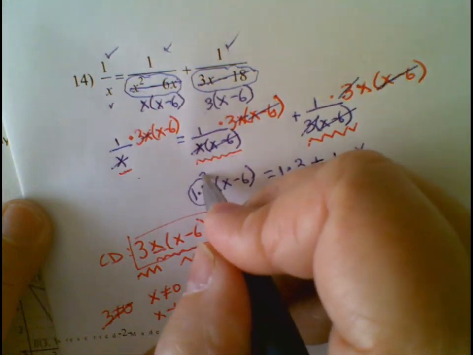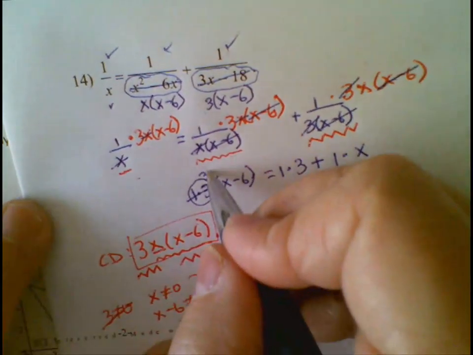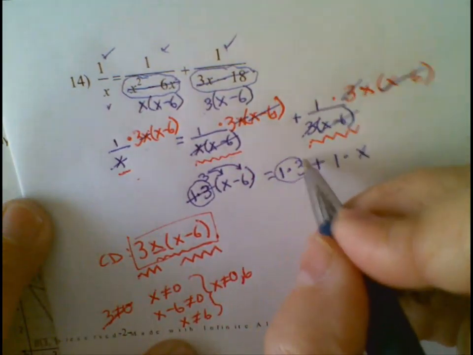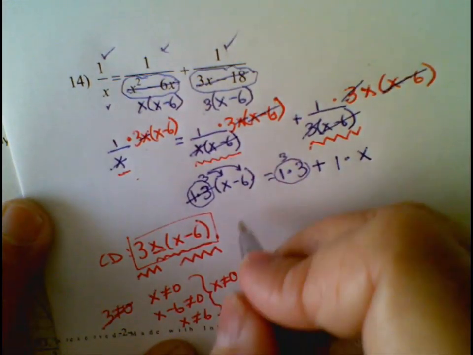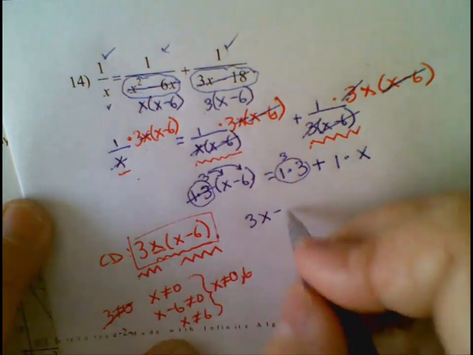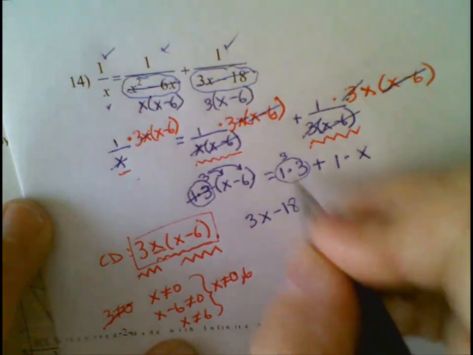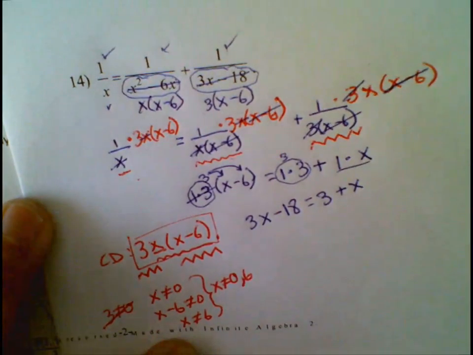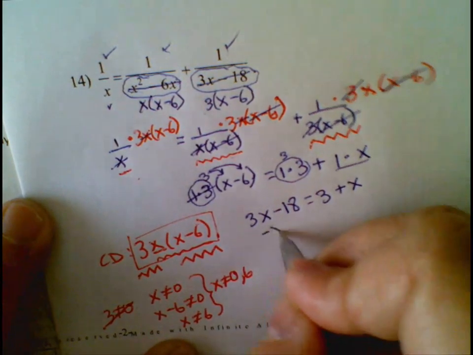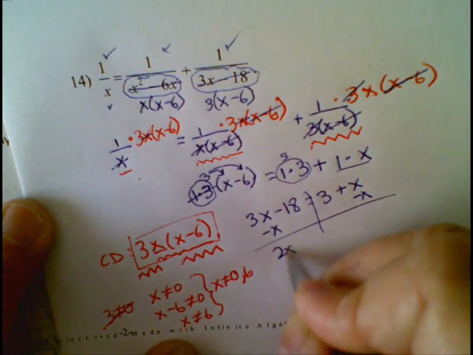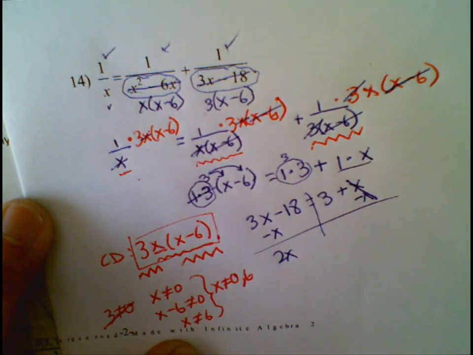So this will actually, again, be a nice linear equation. 1 times 3 is, of course, just 3. So I have a 3 to distribute here. So I have 3x minus 3 times 6 is 18 equals 3 plus 1 times x is just x. I'm going to subtract an x from both sides, which gives me a 2x over here and nothing there.